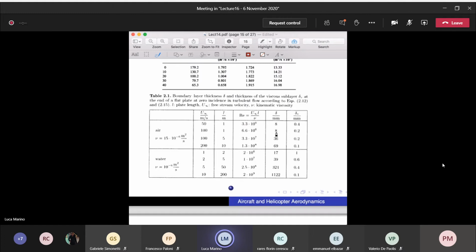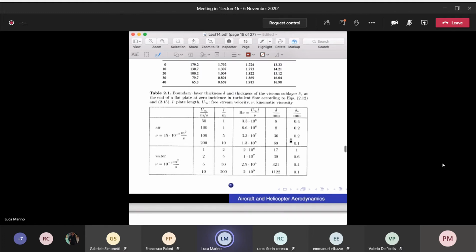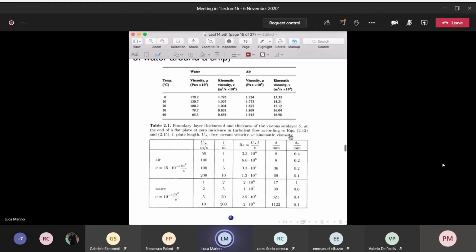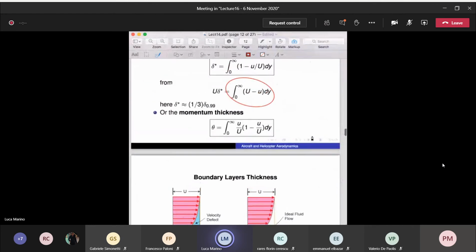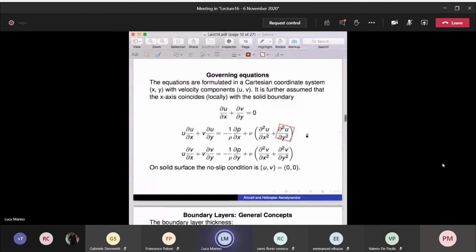Okay, now it should be more clear obtaining the results. As you see here, from the equation of the Navier-Stokes that are reported here, these are the dimensional equation of Navier-Stokes. Here, if you make the equation non-dimensional, you will find that X and Y have to be referred to the same quantities. Okay, in particular, how do you make this quantity here non-dimensional?